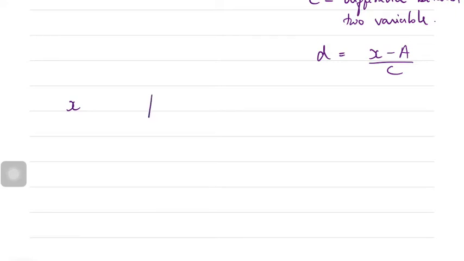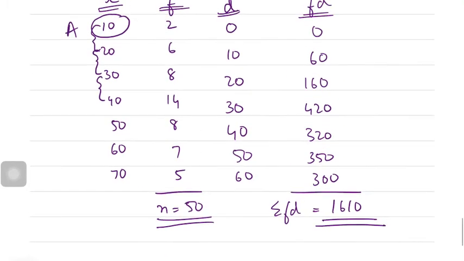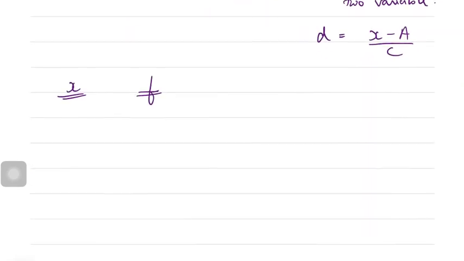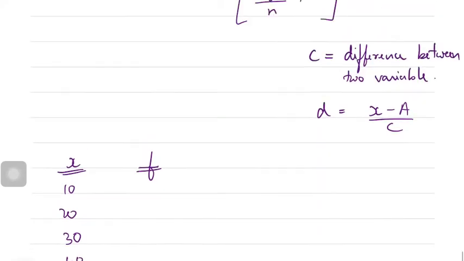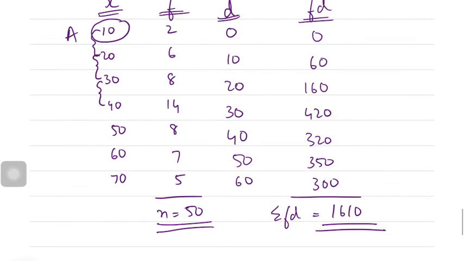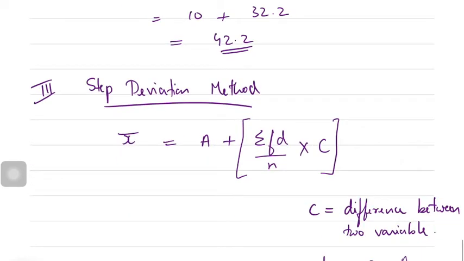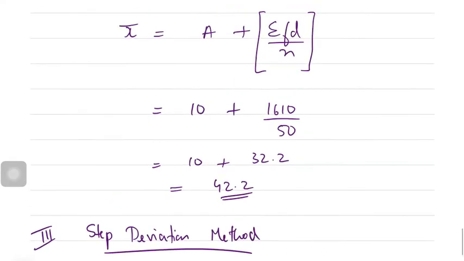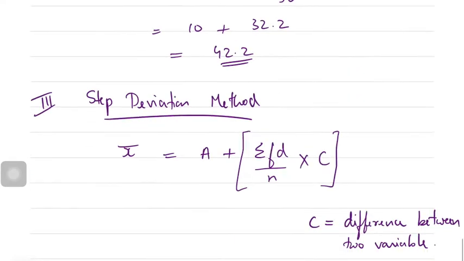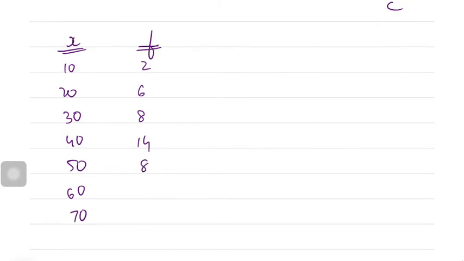In the question, x is given and f is given. So x is 10, 20, 30, 40, 50, 60, 70, and frequency is 2, 6, 8, 14, 8, 7, 5, and the total of frequency, which is N, is equal to 50.